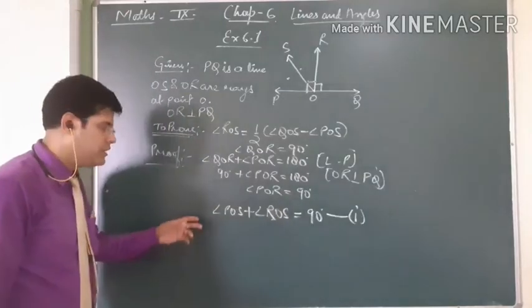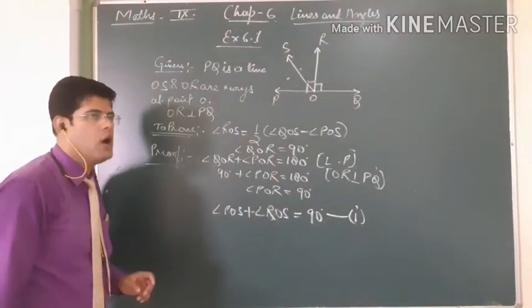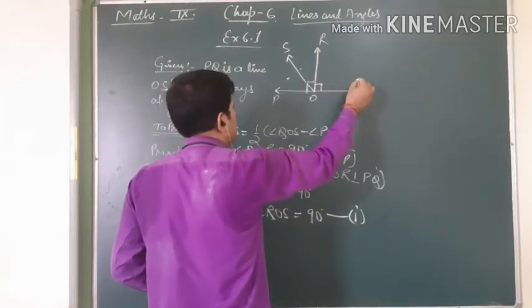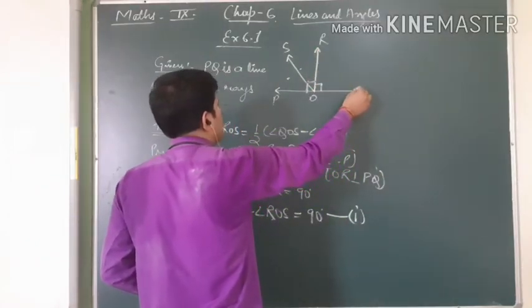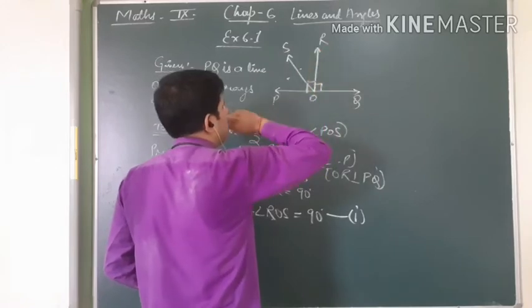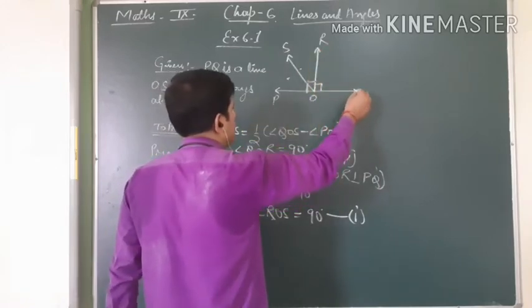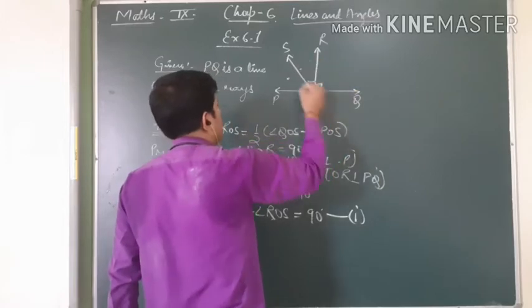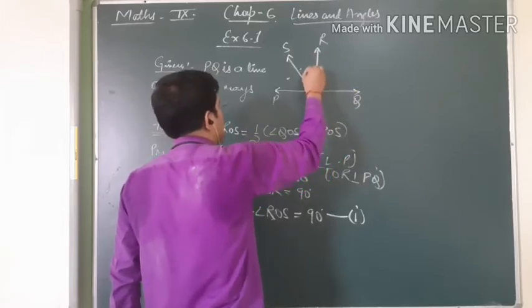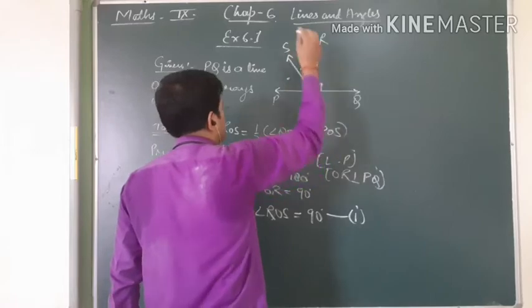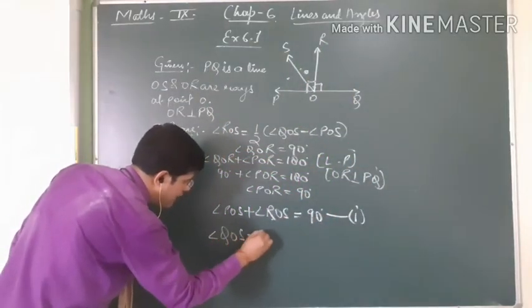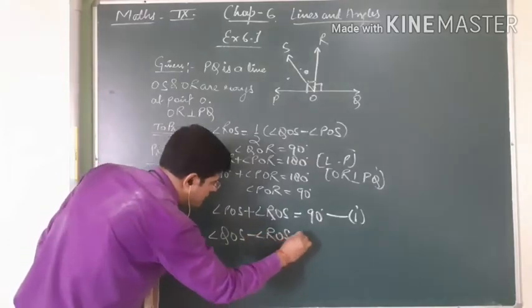Okay, so this one is going to be our first equation. Now, when we subtract ROS from QOS, angle QOS minus angle ROS.